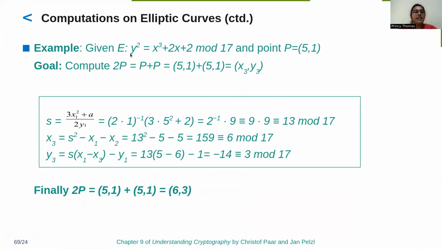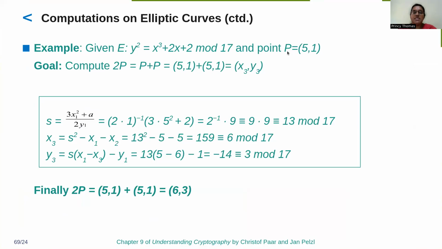This particular elliptic curve is what we are going to use throughout our further explanations: y square is equal to x cube plus 2x plus 2. So here a and b are 2, 2: a is equal to 2 and b is equal to 2. p is equal to 17, so mod 17 is used.